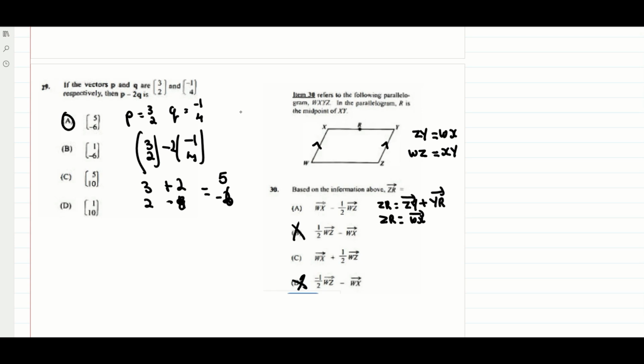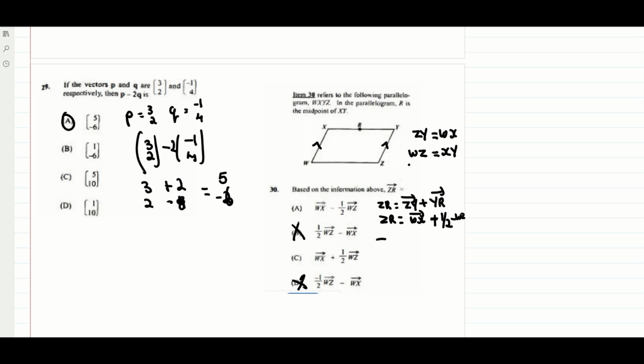Then remember WZ is equal to XY, but we're going in the opposite direction, so therefore it would be minus. YR would be a half of YX, and remember YX is going in the opposite direction, so it will be minus WZ.